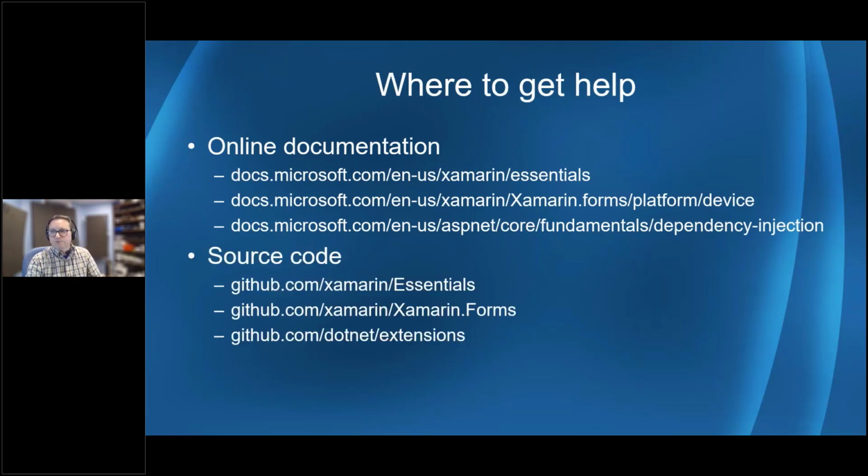The source code, Essentials has its own repository. Devices and dependency service are in the Xamarin.Forms repository. And the MSDI is in the Microsoft dot NET extensions. And if you're like me, you get all your answers from Stack Overflow. So that's also another good place to look.